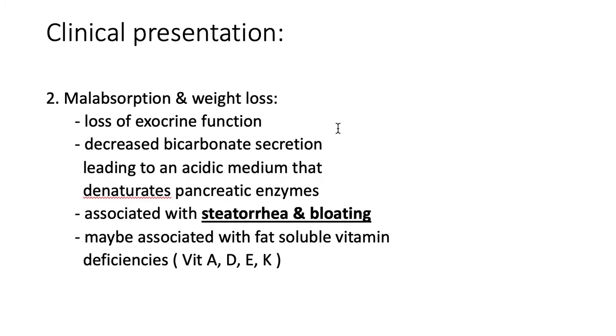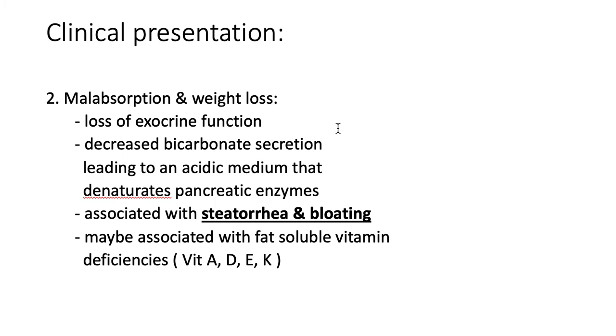Another manifestation of chronic pancreatitis, other than the dull pain, is malabsorption. And why is that? Because the pancreas is like an exocrine gland and endocrine gland, okay? These enzymes are essential for fat-soluble vitamins, okay? So if we are losing the exocrine gland, then we have malabsorption, okay?